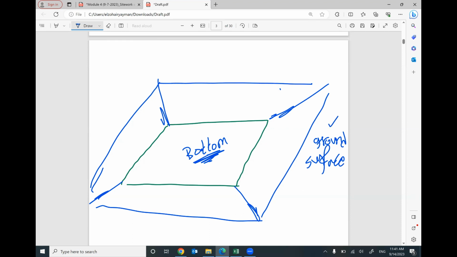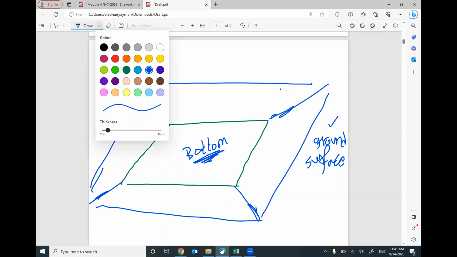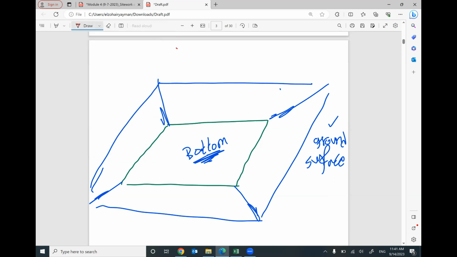That makes sense? So actually, your house will be built only here, 32 feet by 36 feet. But I left 18-inch from each side.